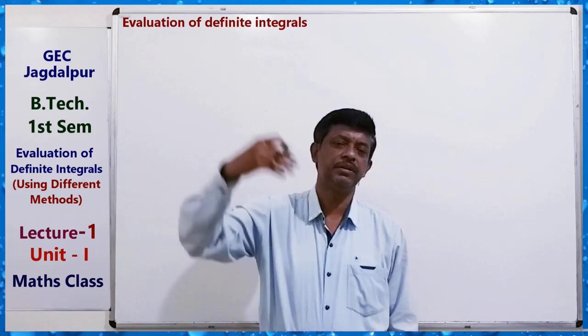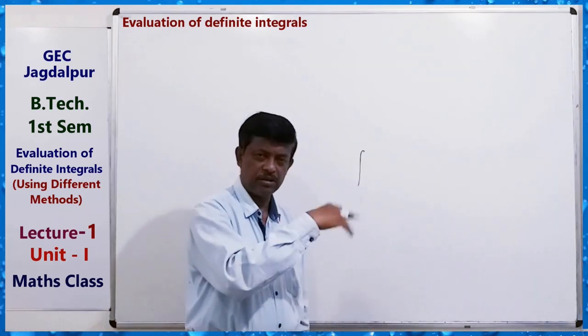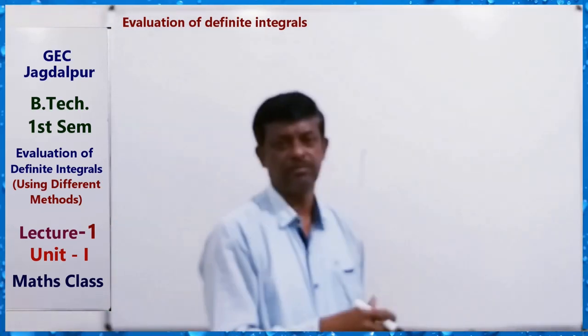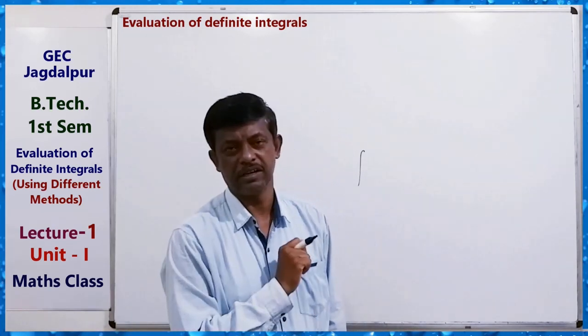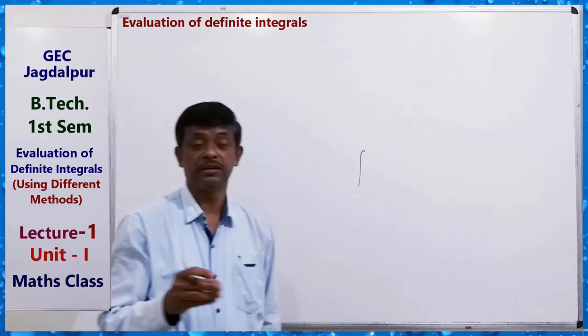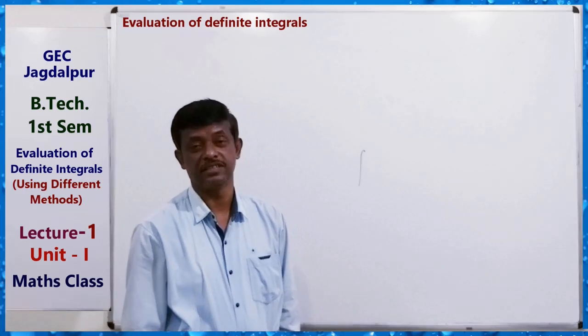Improper integral means having limit infinity. Their definitions are different, and different tests are there for finding convergence and divergence of improper integrals. Here we have to discuss how we can find the value of definite integration.